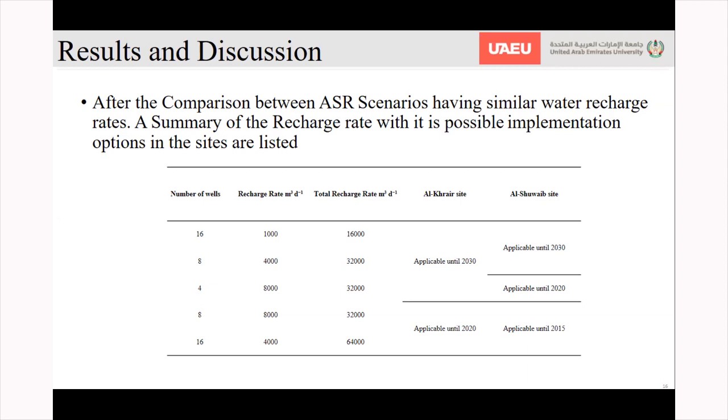For the Al Shuaib site, the first 2 scenarios are applicable until 2030. The third scenario is applicable until 2020, and the last 2 scenarios, 4 and 5, are applicable until 2015.